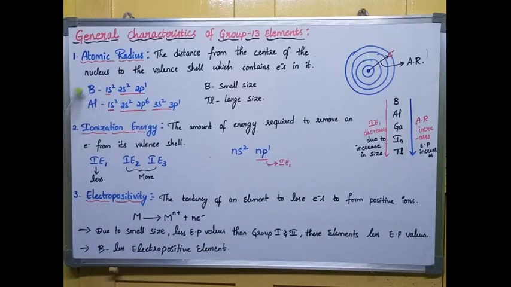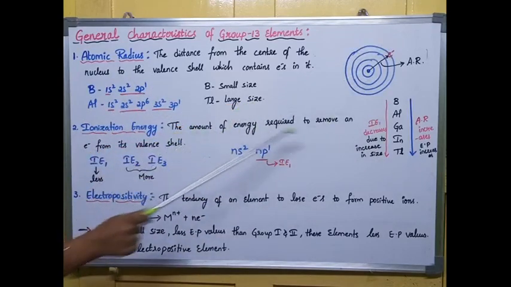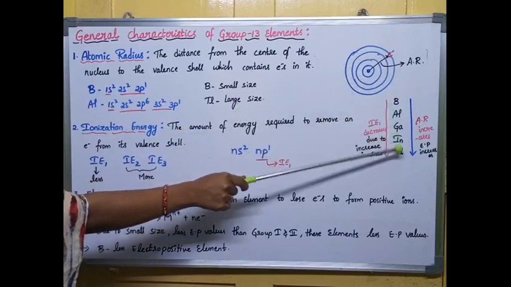Boron has electronic configuration 1s2, 2s2, 2p1, so it has two shells. Aluminium has 1s2, 2s2, 2p6, 3s2, 3p1, so it has first, second and third shells. From top to bottom, the number of shells increases.